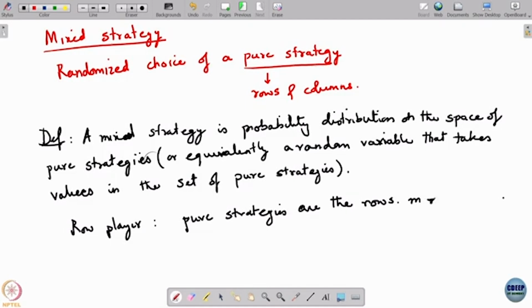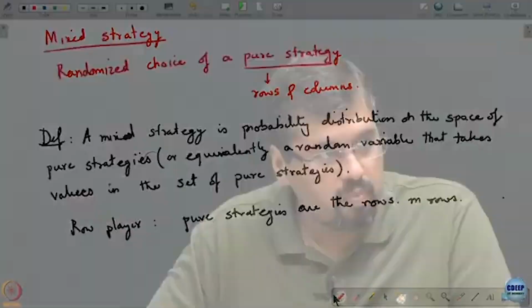Then what is a mixed strategy for the row player? A mixed strategy for the row player is now a probability distribution on this set of m rows, right. So, how do I describe that? I need to tell you a probability with which I am going to choose every row.